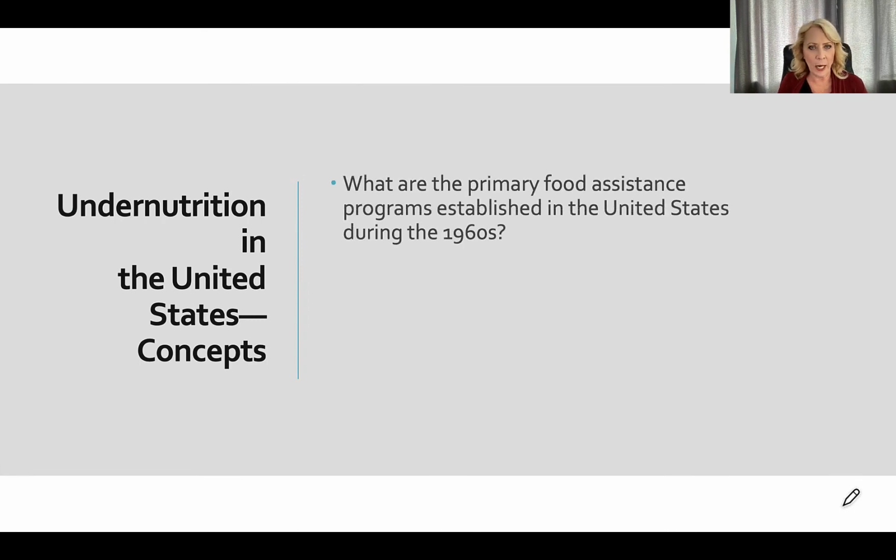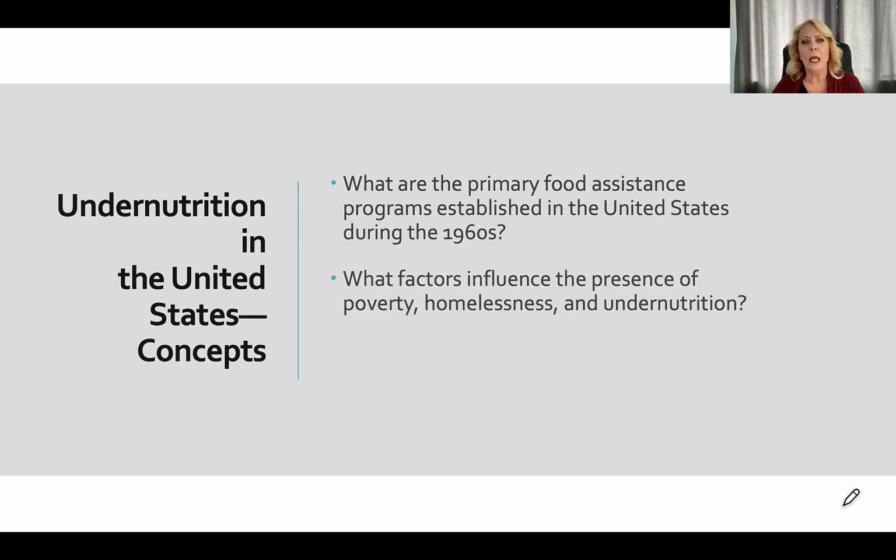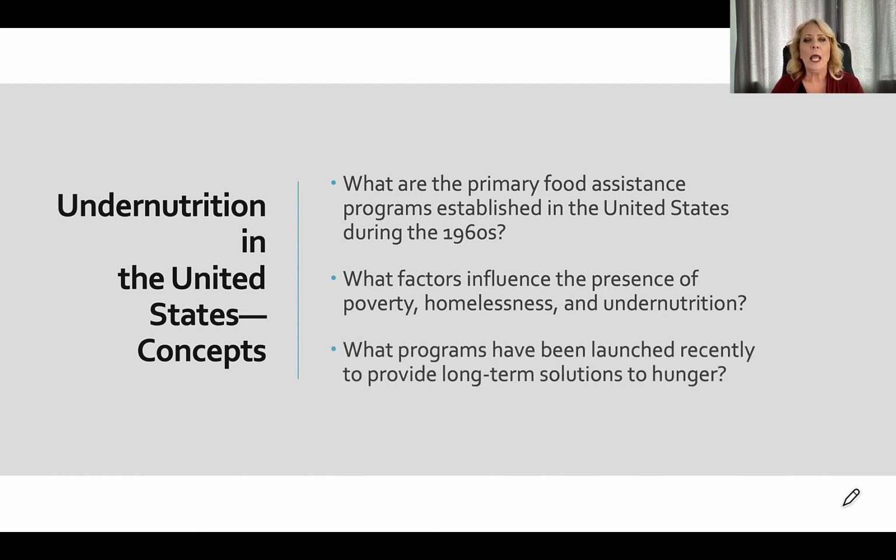So now in the United States in particular, we're going to really focus in on this for a little while and then we'll go worldwide again. We're going to talk about what the primary food assistance programs are that have come into being since the 1960s, what factors influence the presence of poverty, homelessness, and undernutrition, and what programs have been launched recently to provide long-term solutions to hunger.